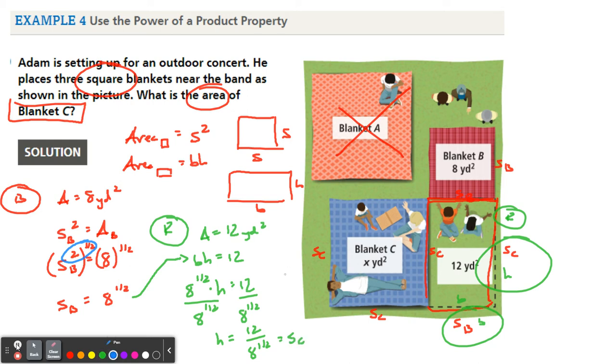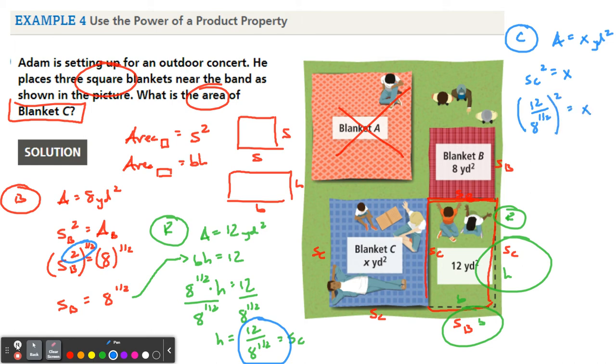Now I'm going to come over here and use blue to work with C. For C, the area is X yards squared, so the side length of C squared is equal to X. I know the side length of C is 12 over 8 to the 1/2, so I square it, and that'll give me X. There's a rule: if you take a fraction and square it, you distribute the squared to both the top and bottom, so it's A squared over B squared.